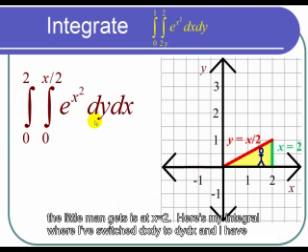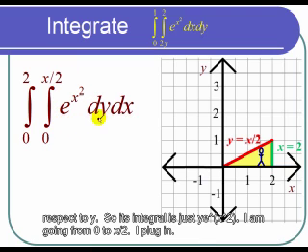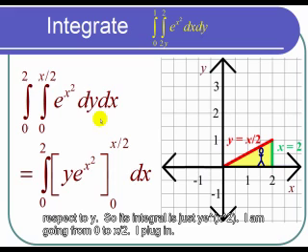So here's my integral where I've switched dx dy to dy dx, and I have 0 to 2 and 0 to x over 2 of e to the x squared dy dx. And now I can integrate because e to the x squared is a constant with respect to y. So its integral is just y times e to the x squared, going from 0 to x over 2.